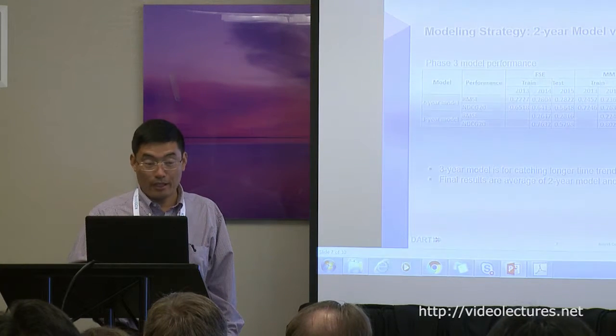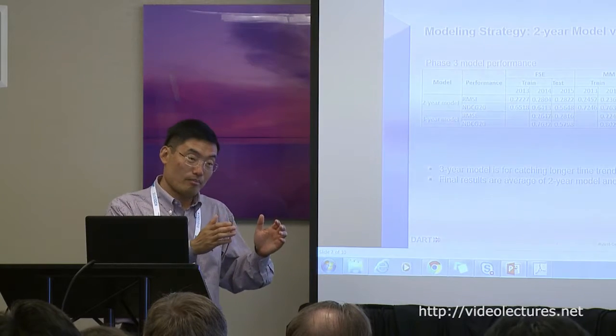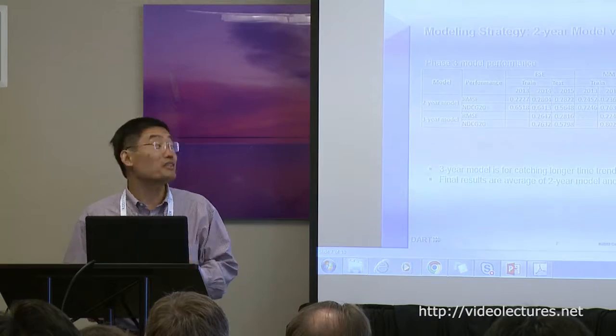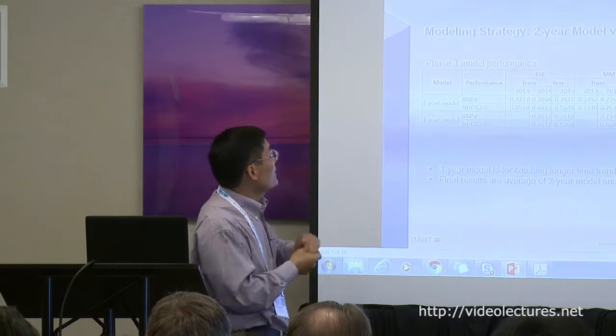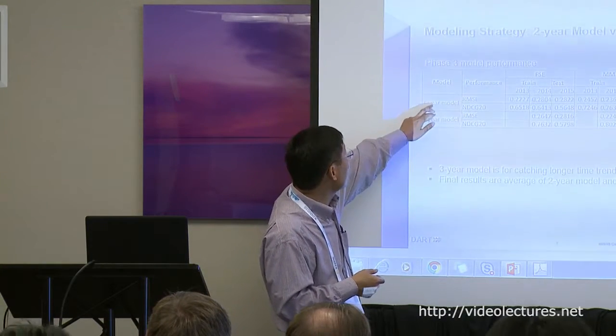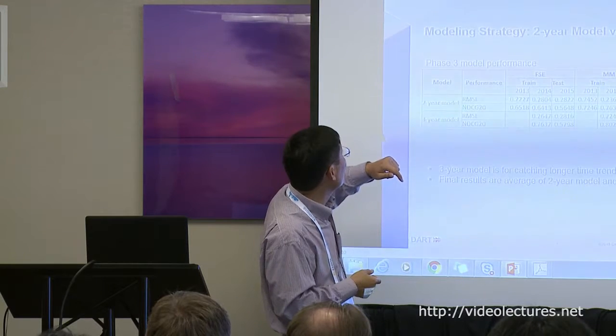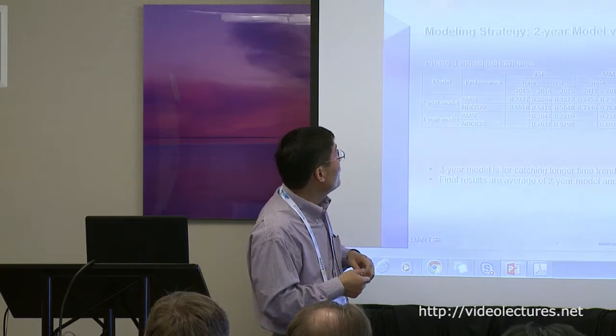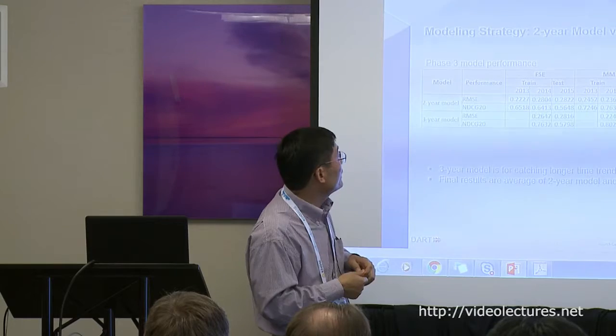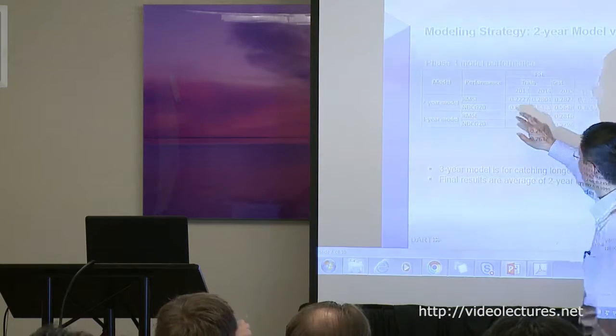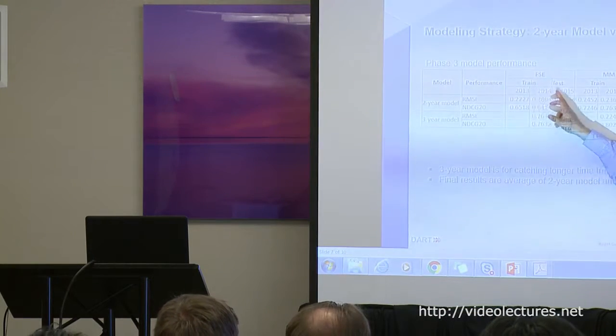And then we also compare whether the last 2 years model or the last 3 years model is better. Here we also see the variations. For the 2 years model, this is the phase 3 model performance on the 3 data sets, right? So the 2-year model uses 2 years of training and tests here.